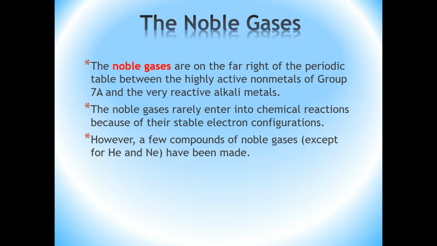In order to form compounds with these elements, special conditions, usually high temperature, high pressure conditions, are required, and these compounds are usually very unstable. In fact, helium and neon are the only two elements that nobody has been able to combine with any other elements to form compounds.